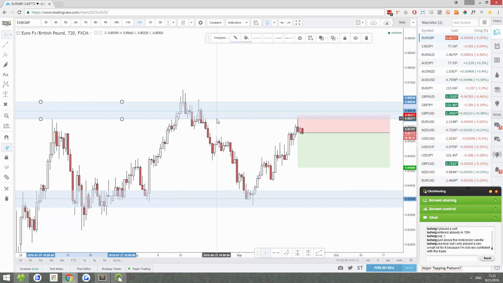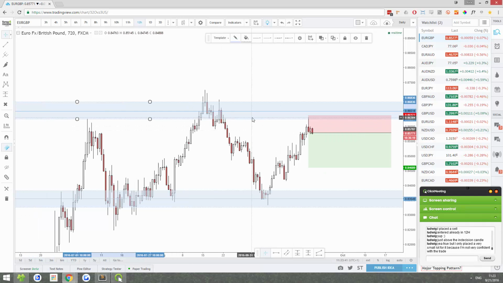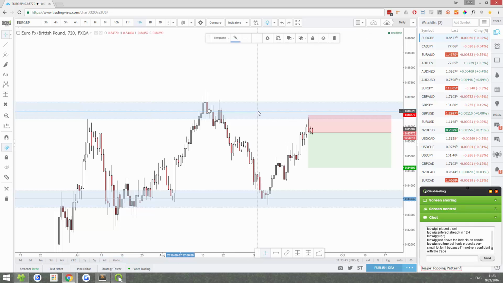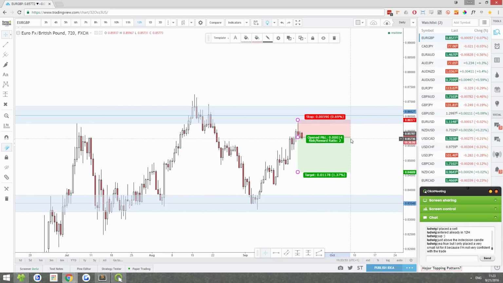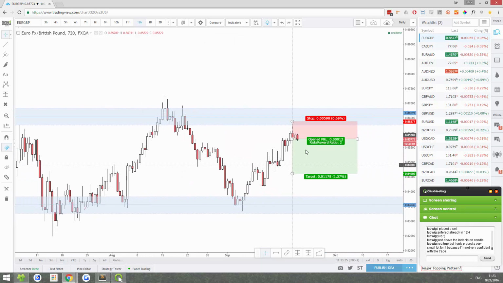Okay, fair enough. I mean, if you've reduced your risk by trading a smaller percentage, yeah, okay. Well, I can't fault you there. If you're managing your risk properly, then it doesn't matter. But your stop loss is just a little bit too tight.